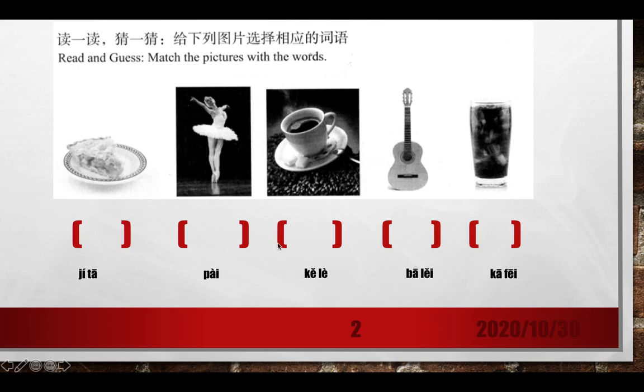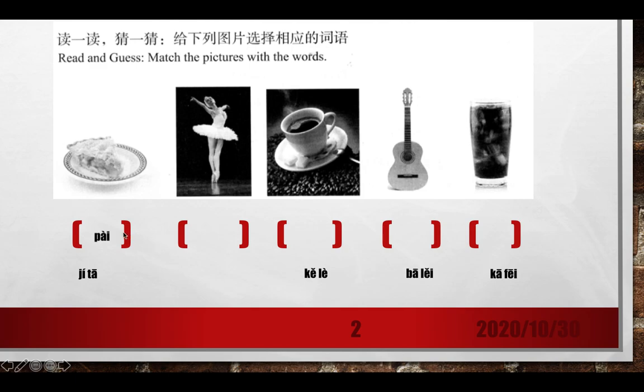Let's check. Which one should be which word? For example, first, pizza, or it's a pie, a piece of cake. Have you got it? Pie. Okay. It means piece of cake here, pie.